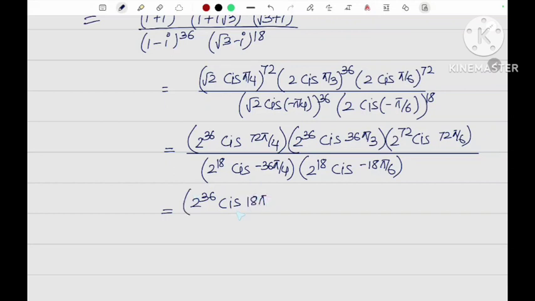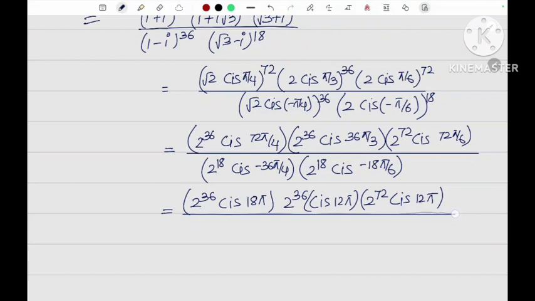Yeah, 18 pi. 2 to the power 36, 36 pi by 3 is 12 pi, cis 12 pi. 2 to the power 72 cis, how much is this? 72 by 6, 12 pi, divided by 2 to the power 18 cis minus 9 pi and 2 to the power 18 cis minus 3 pi. Okay, this is simple.